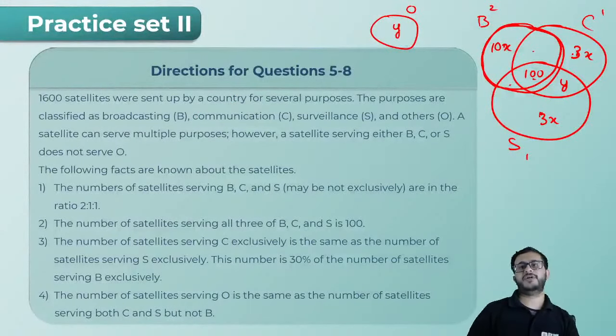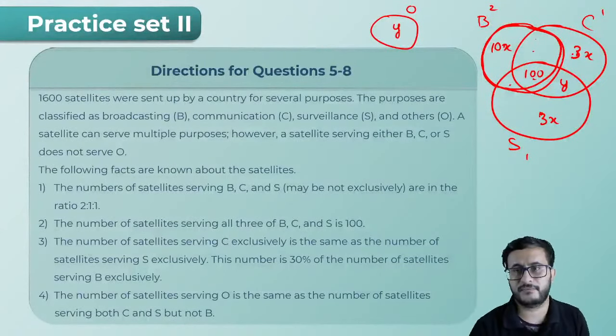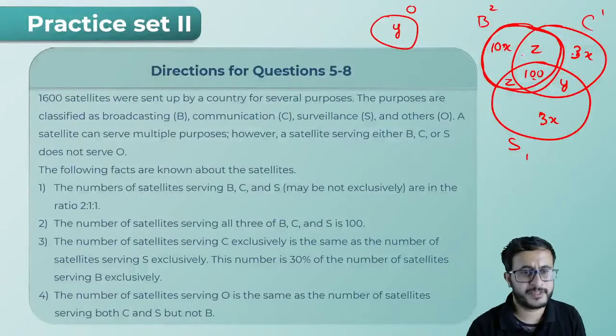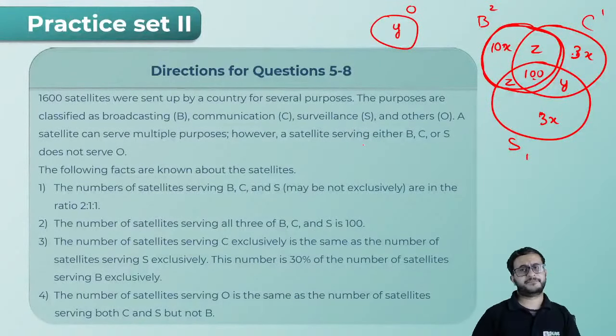Now what is given to us is that this value is double of these values. So let us take this value as z, because C and S will have the same value. So the 100, y and 3x are common, and this should also be a common value, so let us put this as z.